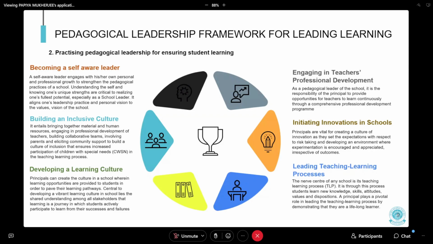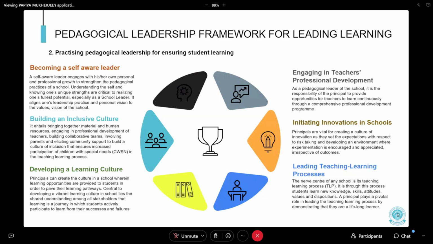You need to know what staff need, what kind of training, what kind of empowerment has to go to the staff, which teacher would need what kind of professional help. And accordingly, the training calendar of the school needs to be prepared. Your role as a pedagogical leader is very crucial in developing a comprehensive professional development plan for the school.